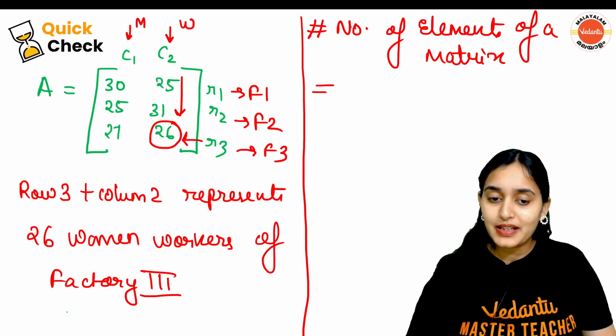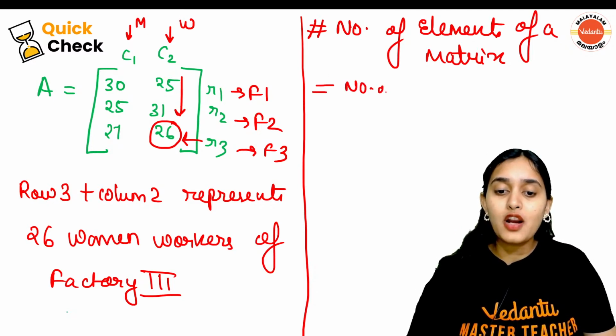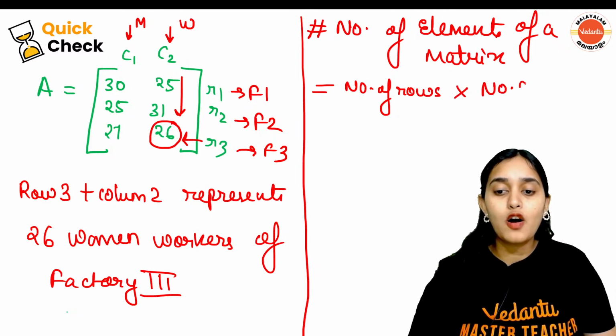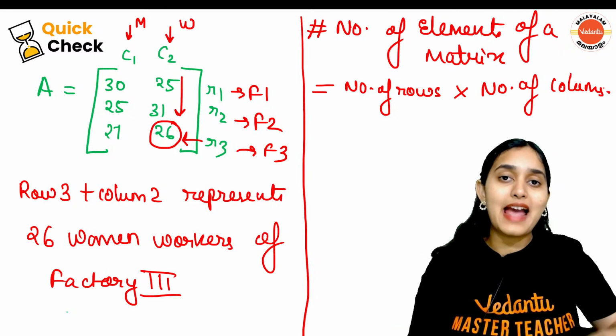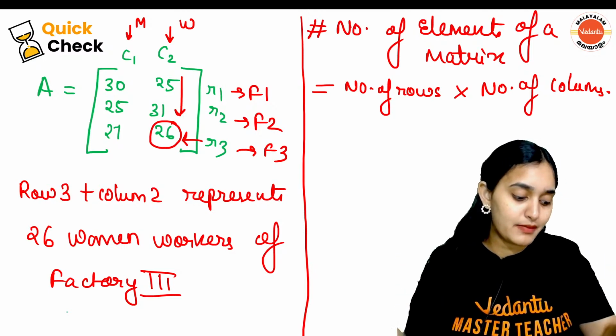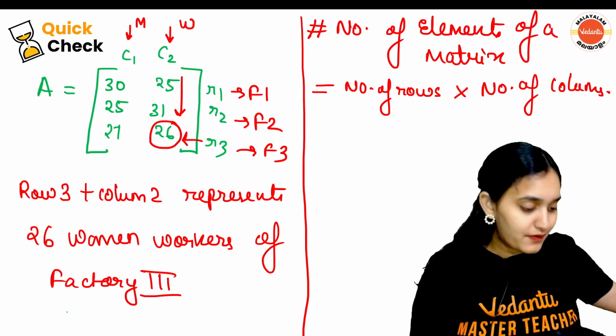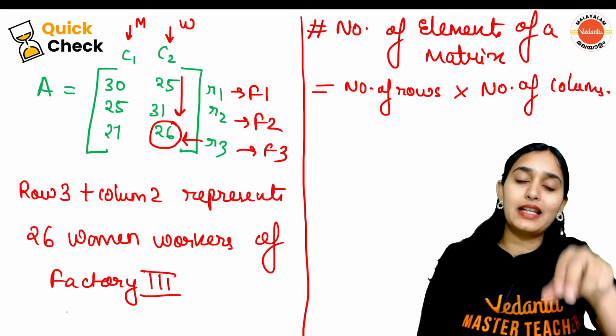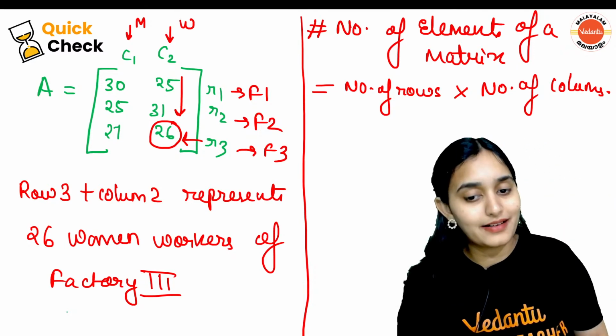It is very simple. It is equal to number of rows into number of columns. So if a matrix has 2 rows, 3 columns, it is a 2 into 3, 6 element matrix. Okay. If it has 3 rows, 3 columns, 3 3s are 9 element matrix. Clear?